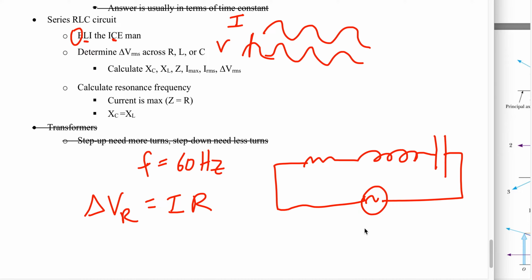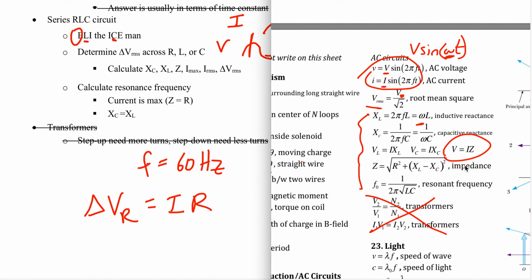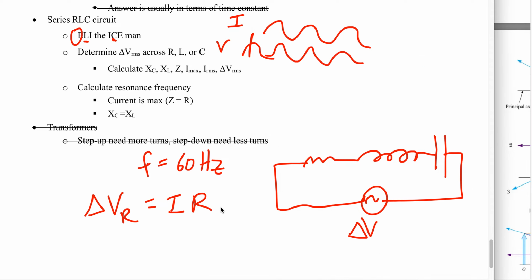So how much voltage that you're getting here is this one right here, and the current through the circuit, and the impedance, which you can calculate with this equation, gives you kind of the net resistance of the circuit. What's the impeding effect of all these three devices?